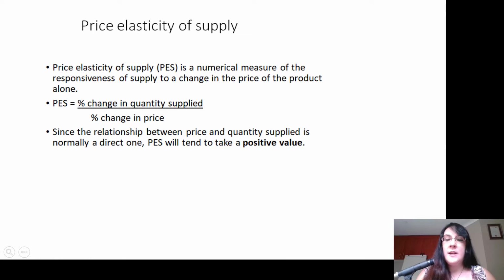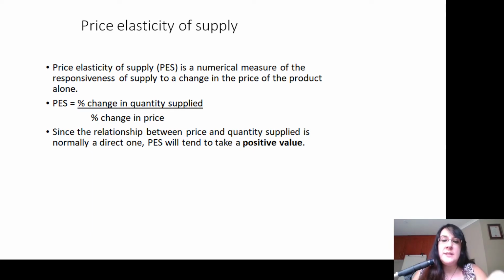So I have done a video on price elasticity of demand. So I actually just want to mention price elasticity of supply. And I just want to mention it with supply because they link in very closely. And I will look at it separately in another video, but I just quickly want you to look at price elasticity of supply.